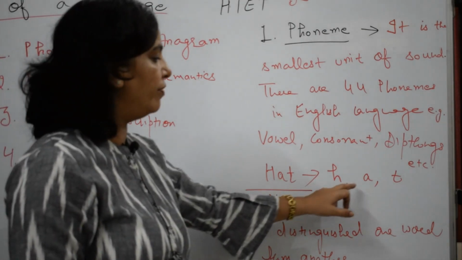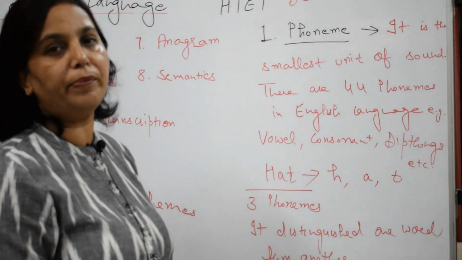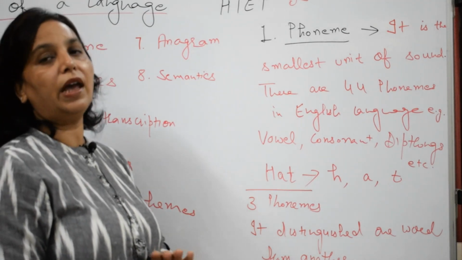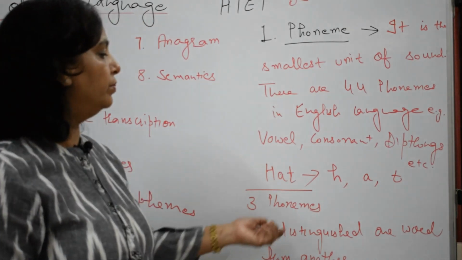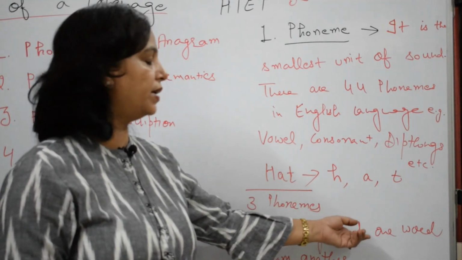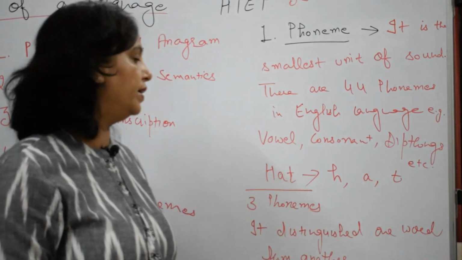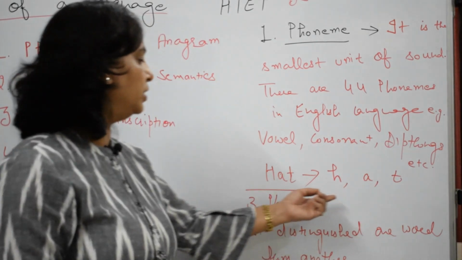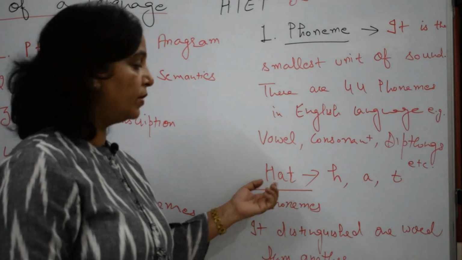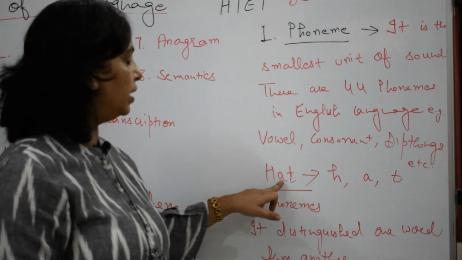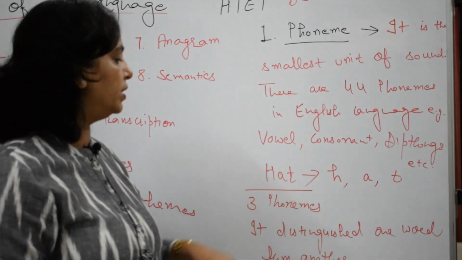Actually, each alphabet in the English language independently doesn't serve any purpose. It means if H is there, we don't know what the meaning will be, A can't stand separately, T can't stand separately, but if we join all these letters, it becomes a phoneme. Hat: H is a different phoneme, A is a different phoneme, T is a different phoneme.